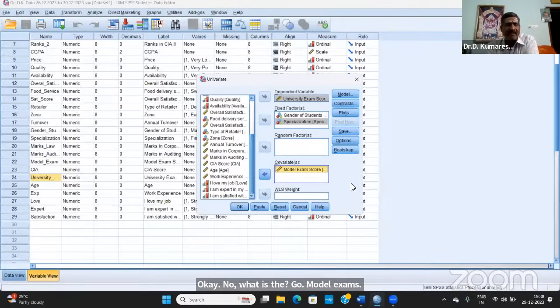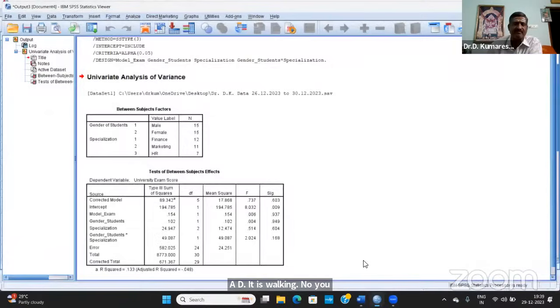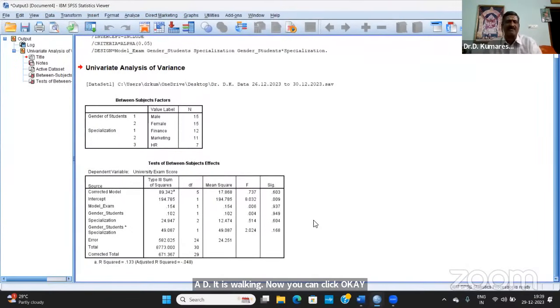Actually, at the initial level, it is okay. Now you can click OK. Look at the results. First the description. There are 15 male students and 15 female students. 12 finance students, 11 marketing students, and 7 HR students.